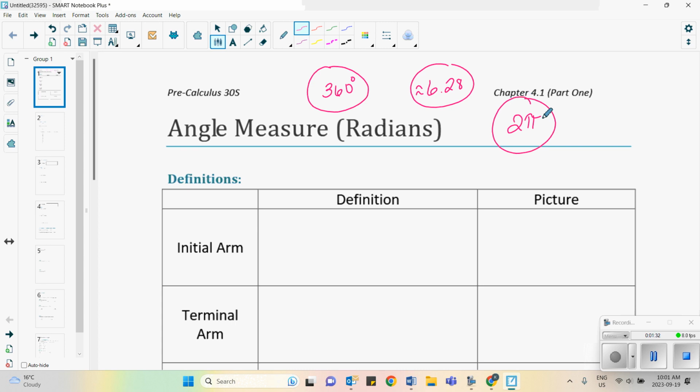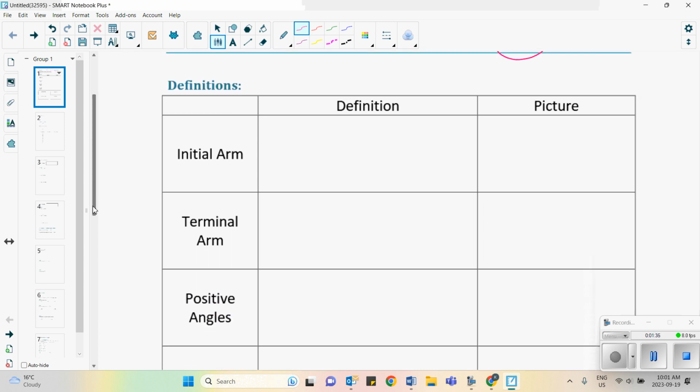Good times. Okay. We're going to do a lot of things with measuring angles. The initial arm is where the angle starts. So where you're measuring from is called the initial arm.